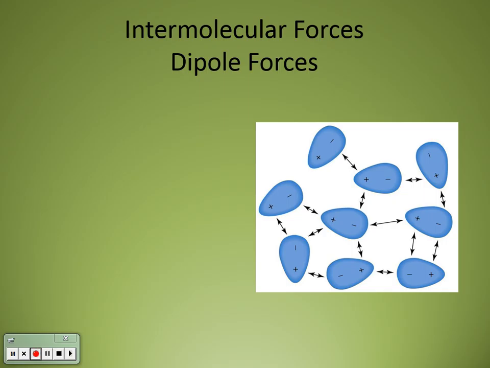That little eggy shape represents a polar molecule. I would actually probably modify that picture just a little bit. What could we do to modify that picture to make it more representative of a polar molecule? Any ideas?